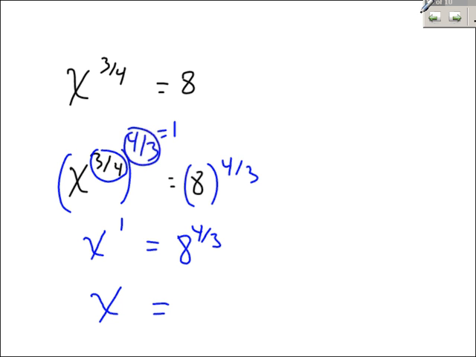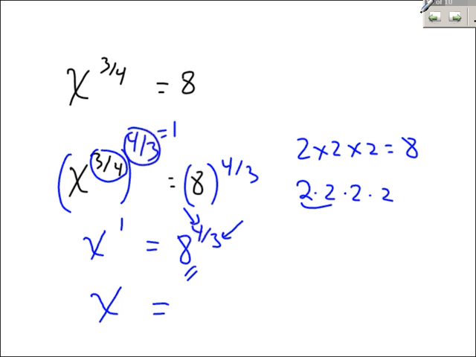On the right side, what times itself 3 times gives you 8? Well, 2 times 2 3 times is 8. And then multiply that answer, namely 2, by itself 4 times. 2 times 2 times 2 times 2 is 16. So a check would be 16, x is 16.